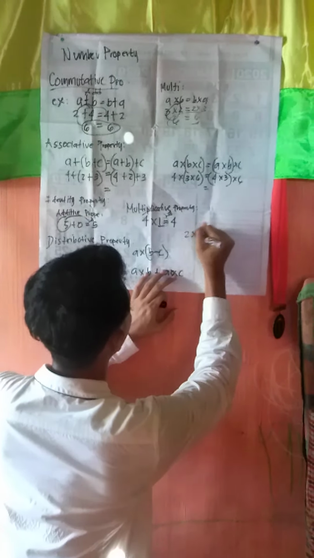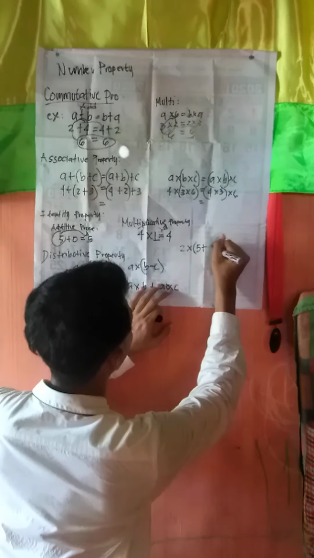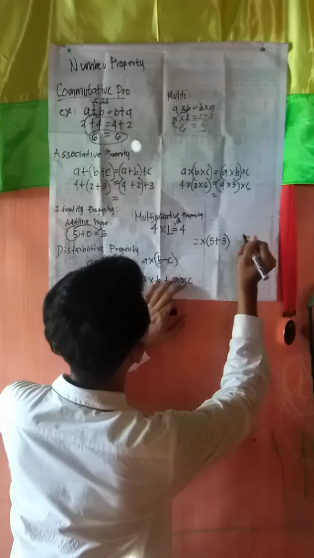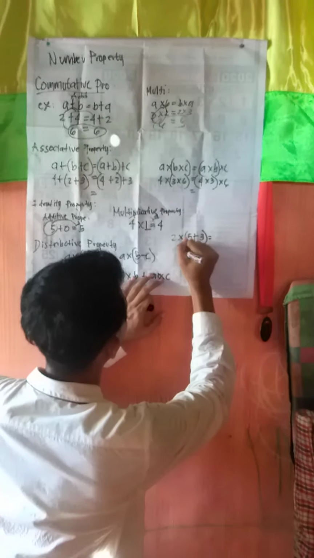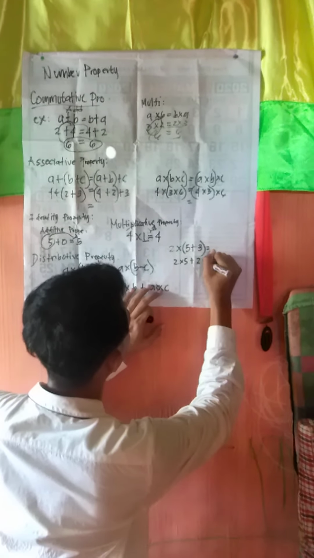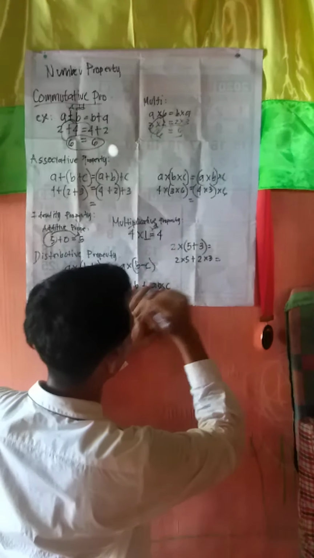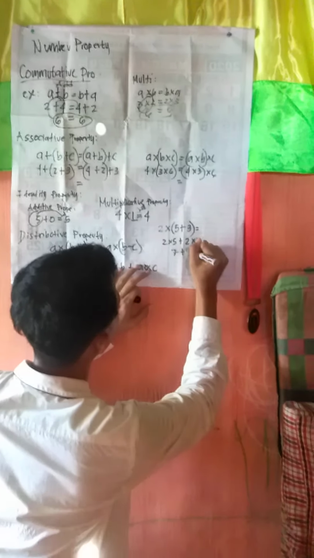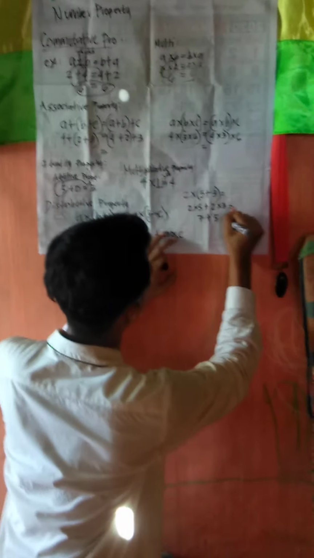2 times 5 plus 3 equals 2 times 5 plus 2 times 3 equals 10 plus 6 and equals 16.